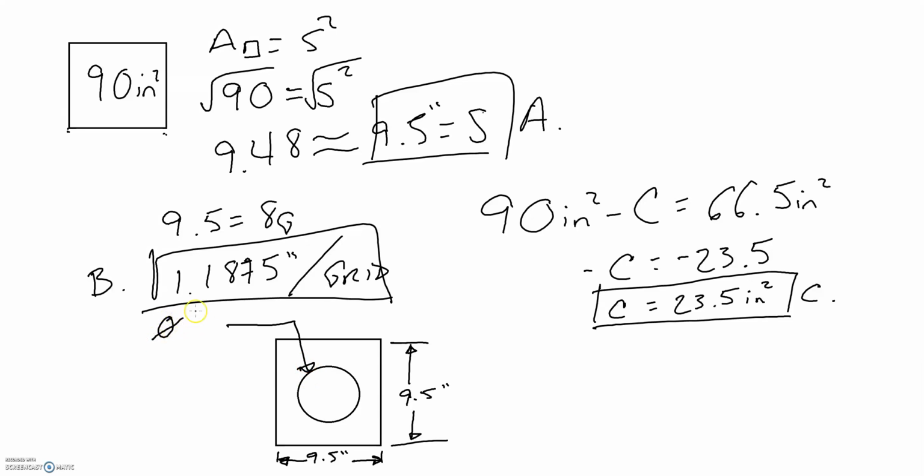And to find diameter, we know the area of a circle is equal to pi r squared. All right? So this area we said is 23.5, is equal to pi times the radius squared. So I'm going to take 23.5 divided by 3.14.